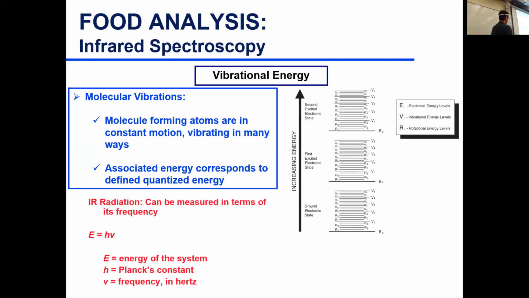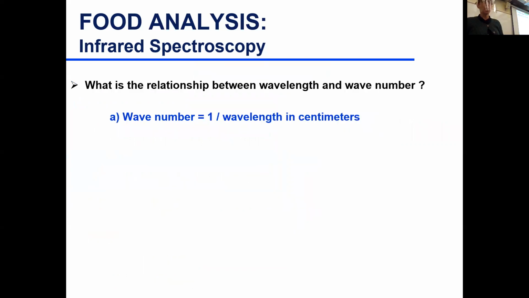Again, this is just a reminder that the energy is equal to a constant times the frequency. And the energy of the wavelength would be equivalent to the energy absorbed by the molecule, where it goes from ground state to excited state. In IR, oftentimes the x-axis is not wavelength, it's wave number.